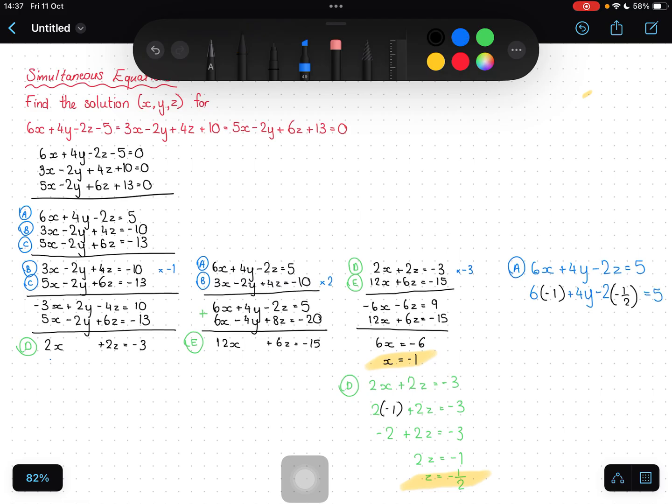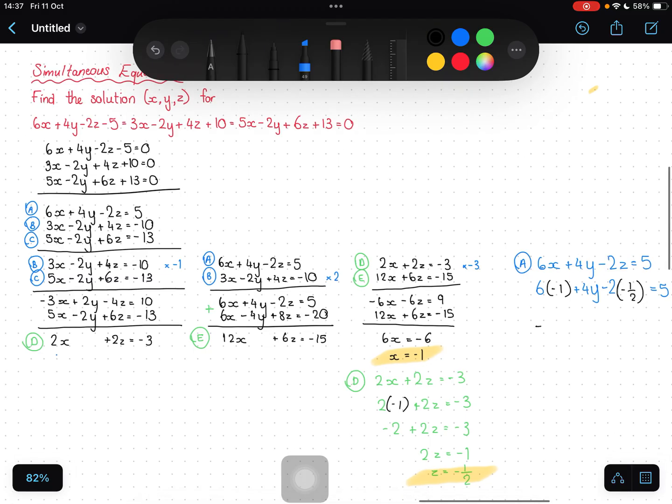Remember we simplify both sides before we try and start isolating stuff. If we simplify that left hand side, we'll get minus 6 plus 4y plus 1 is equal to 5. So that means we have 4y minus 5 is equal to 5.